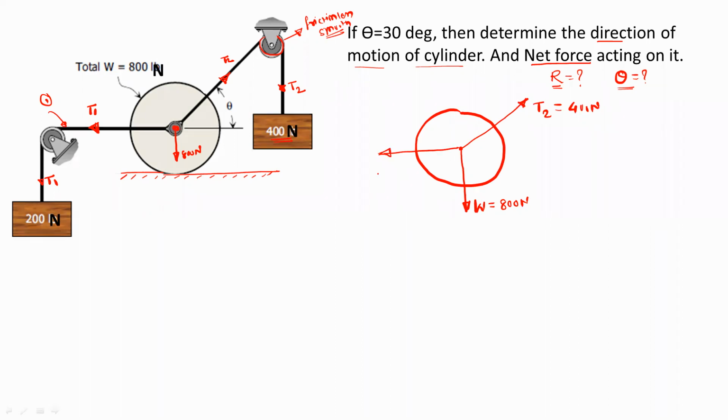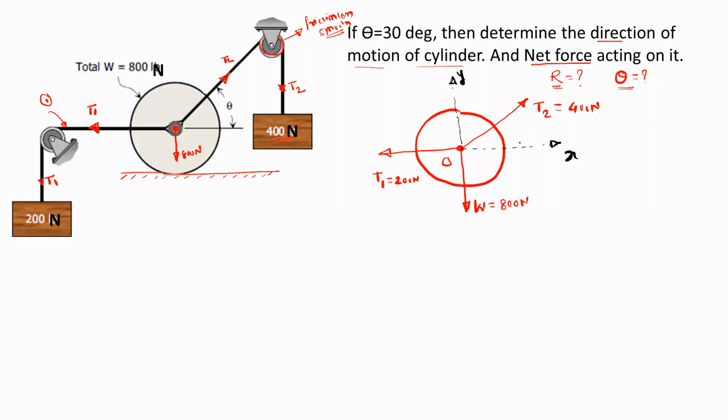Then this is T1, exactly horizontal on the negative x side, equal to 200 Newton. Take this point as O. We can consider this as the origin, and for our reference, we can construct x and y axes from the origin. This will form a rectangular coordinate system.